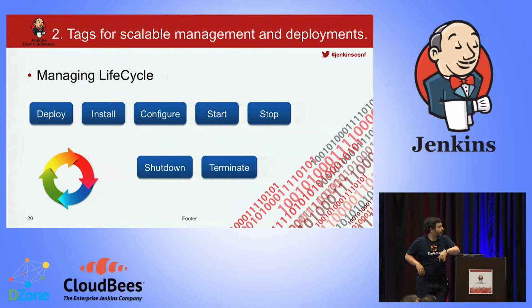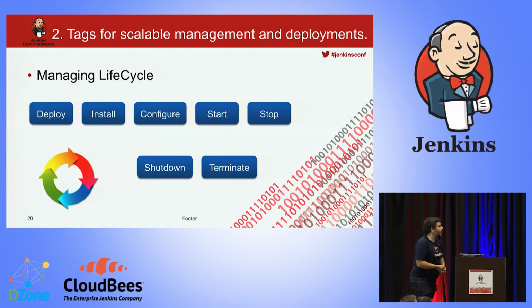So what we're going to be able to do is manage the whole life cycle of the slaves. We're going to be able to deploy new slaves, install, which means getting into the slave the software that I need, configure, maybe changing some parameters and establishing the configurations of what I'm installing on the slaves, start the execution of the slave, stop the execution, or shut down or terminate the machine where the slave is.